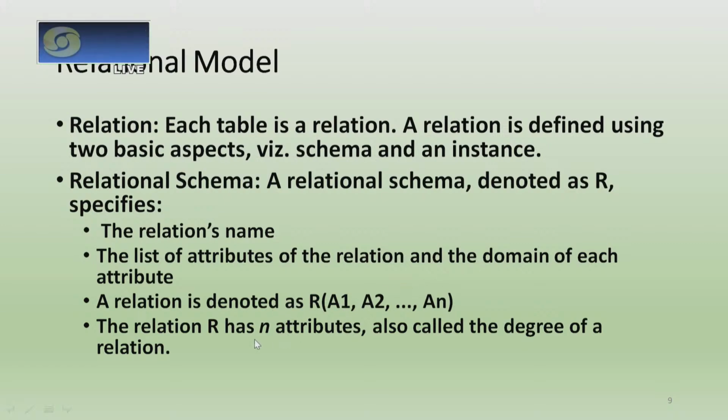So the relation R has how many attributes? There are N attributes named A1 till AN, and that is also called the degree, right? So the degree of a relation. This relation whose name is R happens to have degree N. All right, so this is how a relation is recognized.